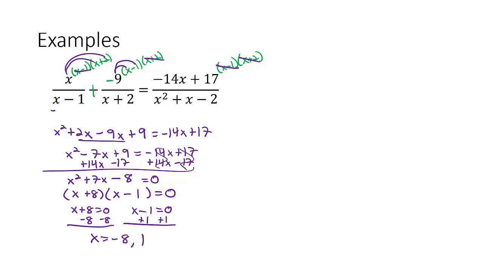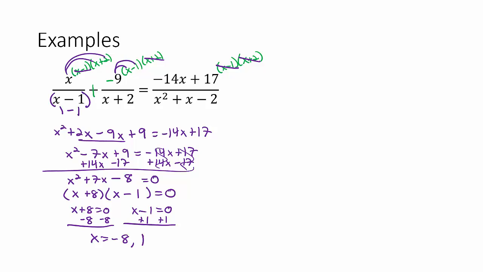If I plug negative 8 in, negative 8 minus 1, that's not 0. Negative 8 plus 2, that's not 0. A little more work here. Negative 8 squared, negative 8 times negative 8 is 64, minus 8 minus 2. That's not 0. That's good. We like negative 8. Still have to check the 1, but look at this first denominator.